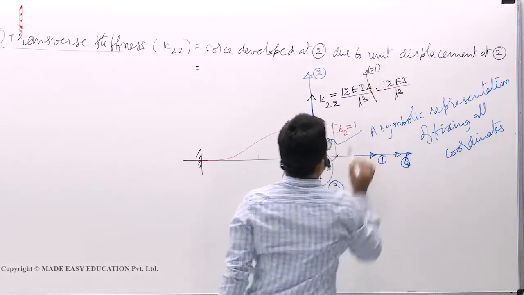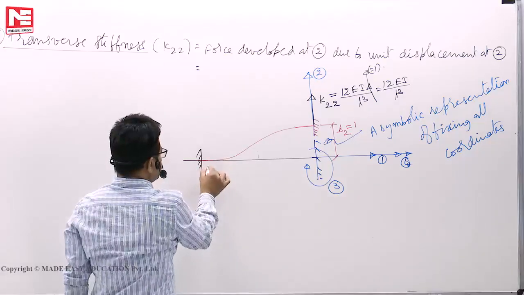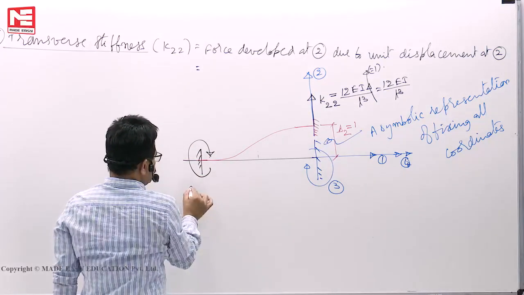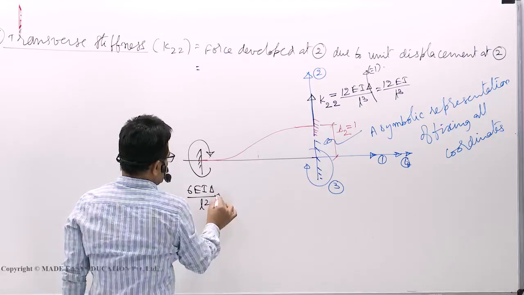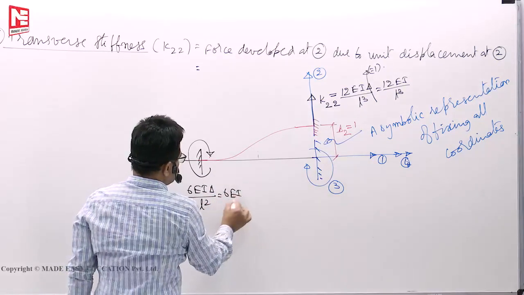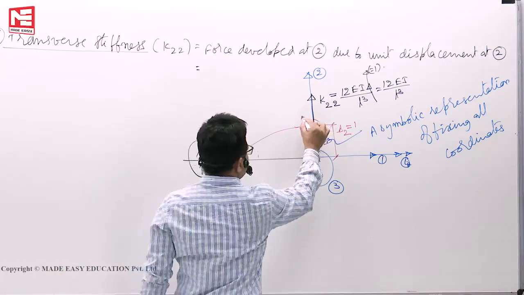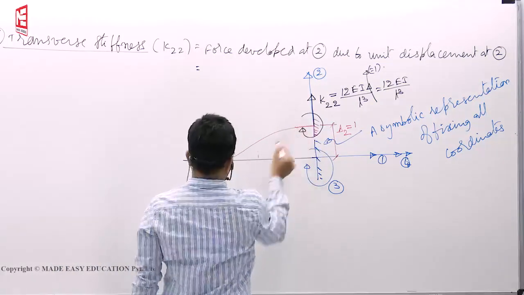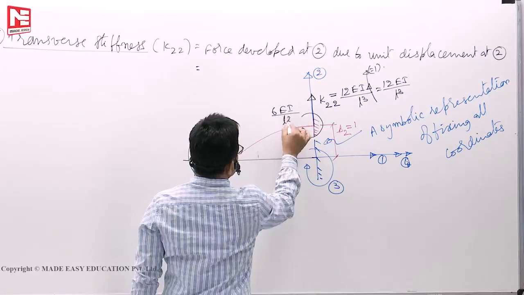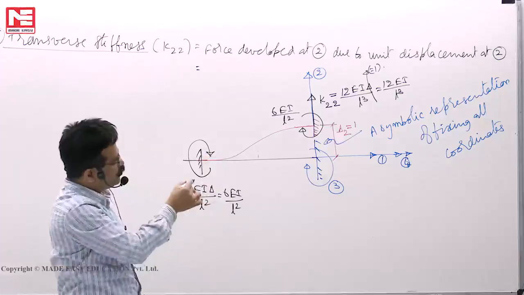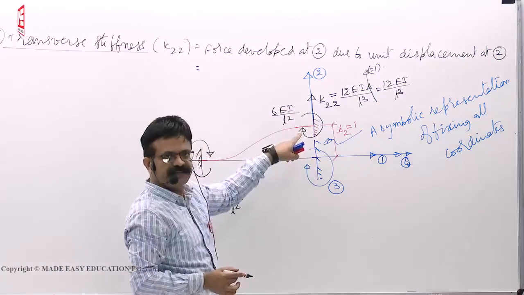And we also know how much is the fixed end moment developed. 6 EI delta by L square is nothing but 6 EI by L square because delta is 1. Here also how much is developed? 6 EI by L square. Now you see, this moment is developed at which coordinate? Third coordinate.